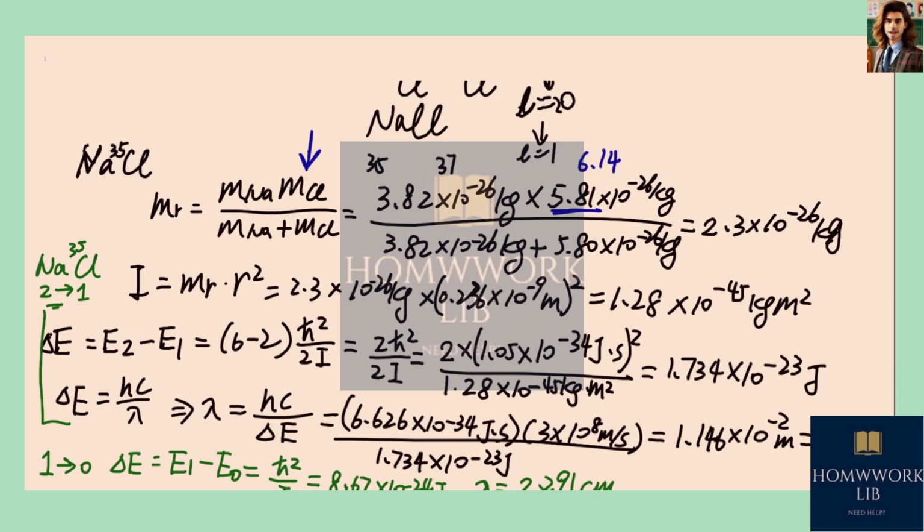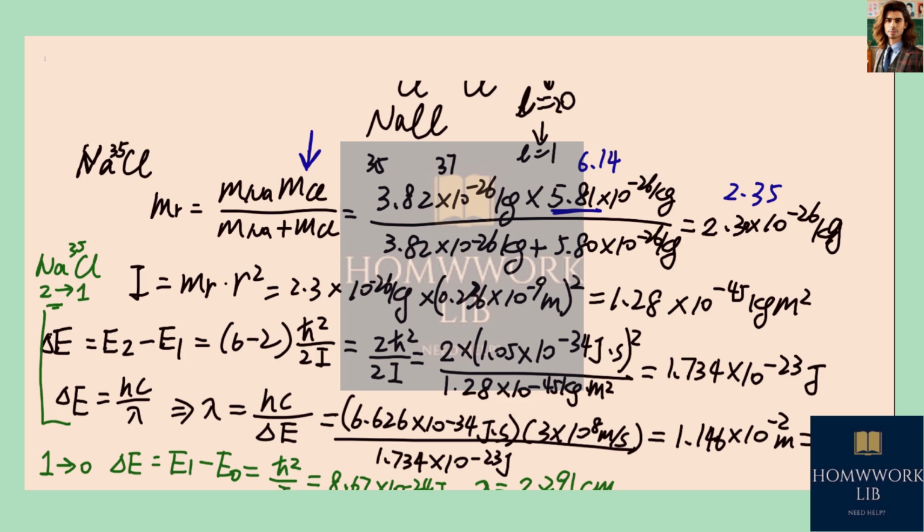So if you redo this process with the new mass equals 6.14, then you will find this new reduced mass of 2.35. So that's a lesson that I should have used more significant digits over here. Previously it was 2.30, now it becomes 2.35.